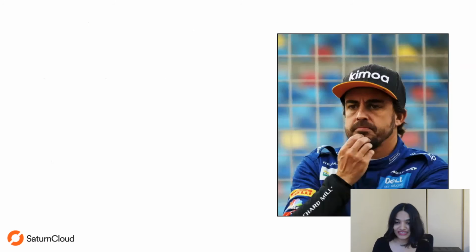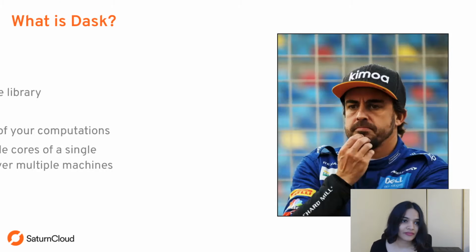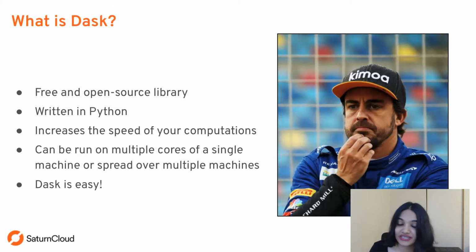Of all the toolkits that I have shown you today, I will be talking to you about Dask. So what is Dask? Dask is a free and open source library. It is written in Python, so it's a big advantage if you are a Python user because debugging becomes really easy.